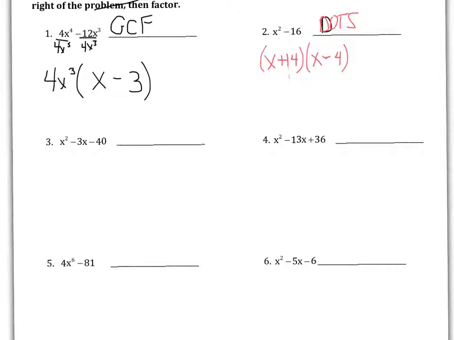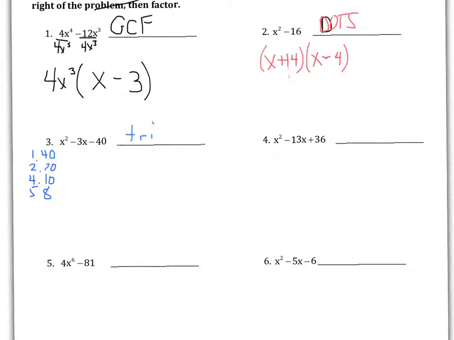Next, we've got a trinomial, 3 terms, no GCF, so this is regular trinomial factoring. So remember, we asked ourselves the question, what multiplies to a negative 40 and adds up to a negative 3? If I write down all my factors of 40, I've got 1 and 40, 2 and 20, 4 and 10, 5 and 8.